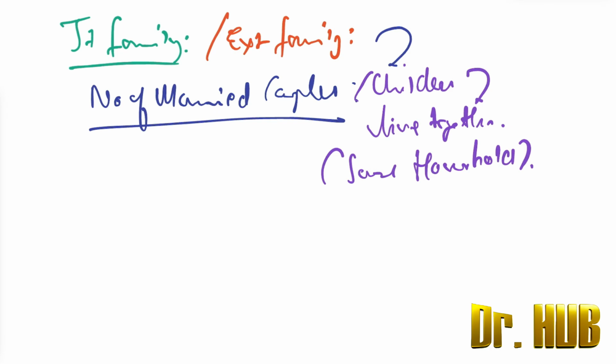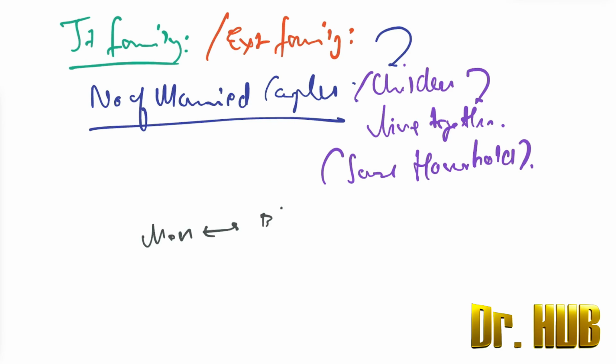A joint family is also known as the extended family. It consists of a number of married couples and children who live together in the same household, usually with the men related by blood.